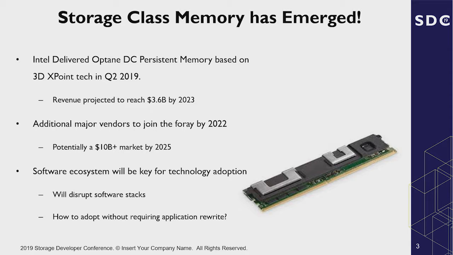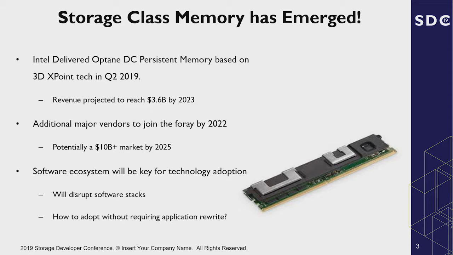And I think we all know about this. Intel shipped the Optane DC persistent memory earlier this year, and that's based on the 3D crosspoint technology. And we have information, rumors, et cetera, that there are other companies working on similar alternative technologies.